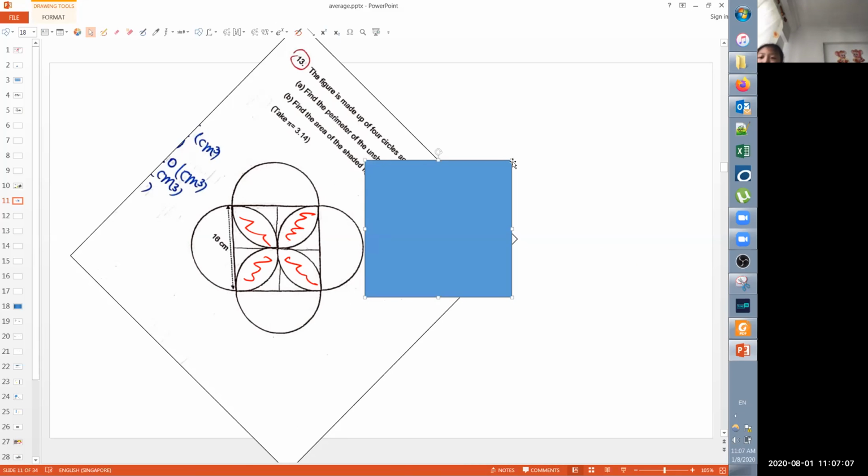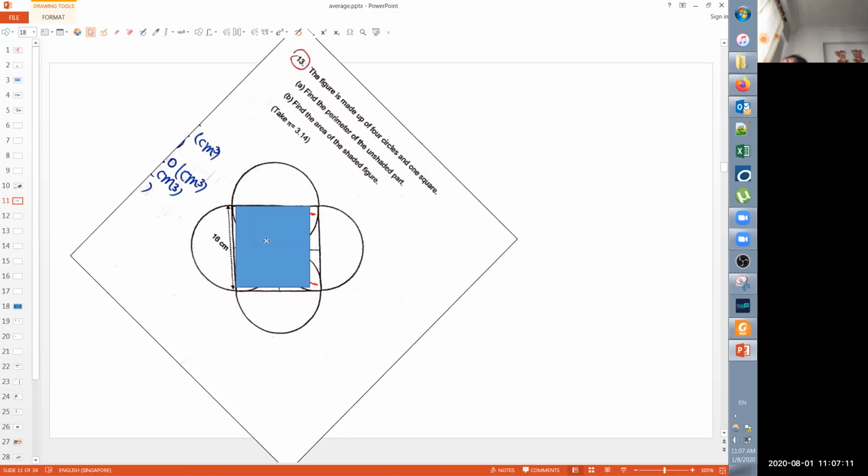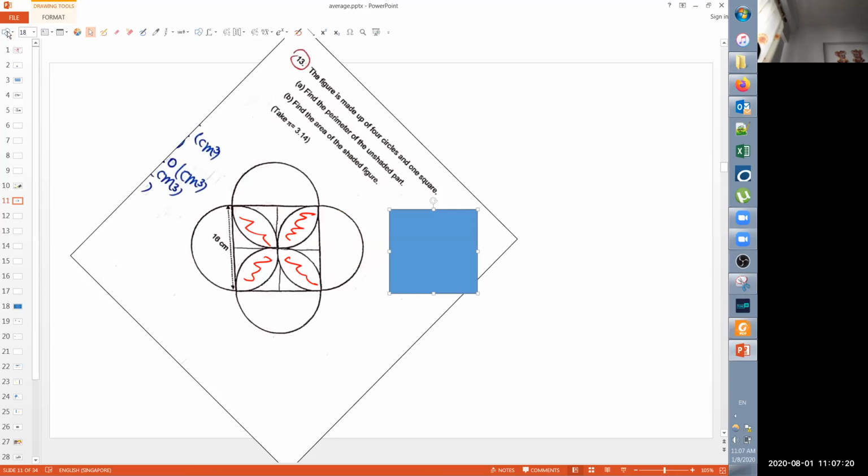Let me reconstruct this. Then you will see. First thing first, you have a square, right? So basically you have a quadrant. Let me get the quadrant out of it.